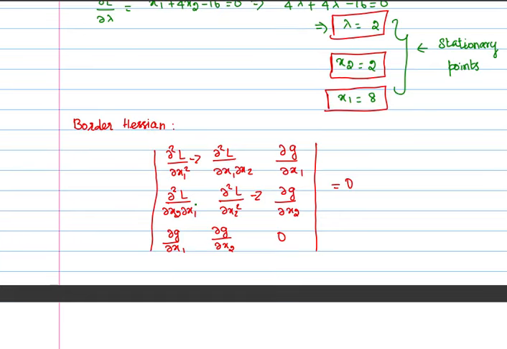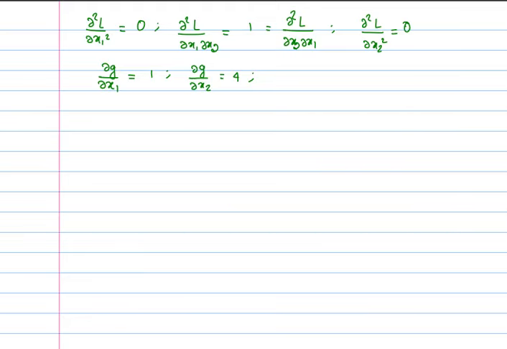So now I will find the bordered Hessian. 0 minus z is minus z. So we get: first row 0 minus z, 1, 1; second row 1, minus z, 4; third row 1, 4, 0, equal to 0.